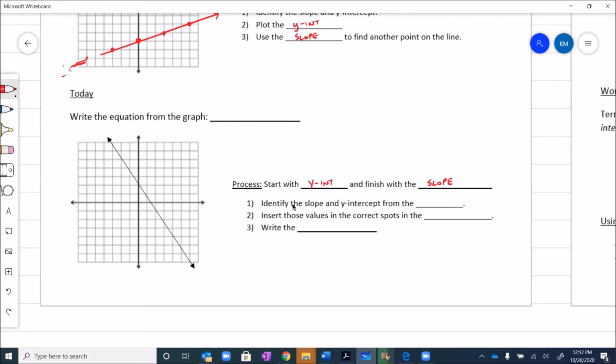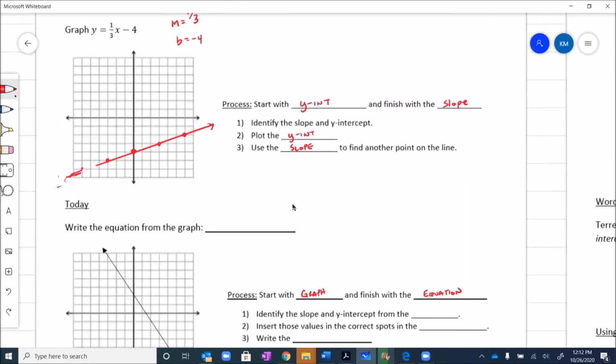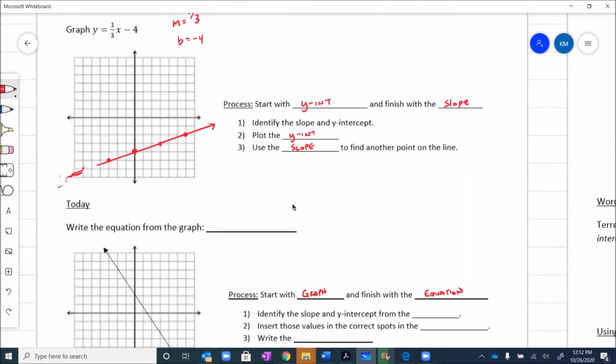Or sorry, we're starting with the graph here and finishing with the equation.